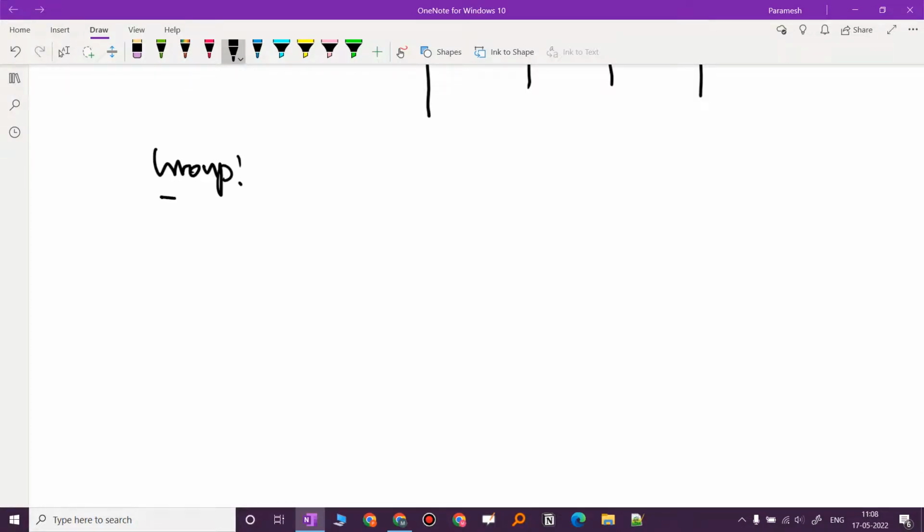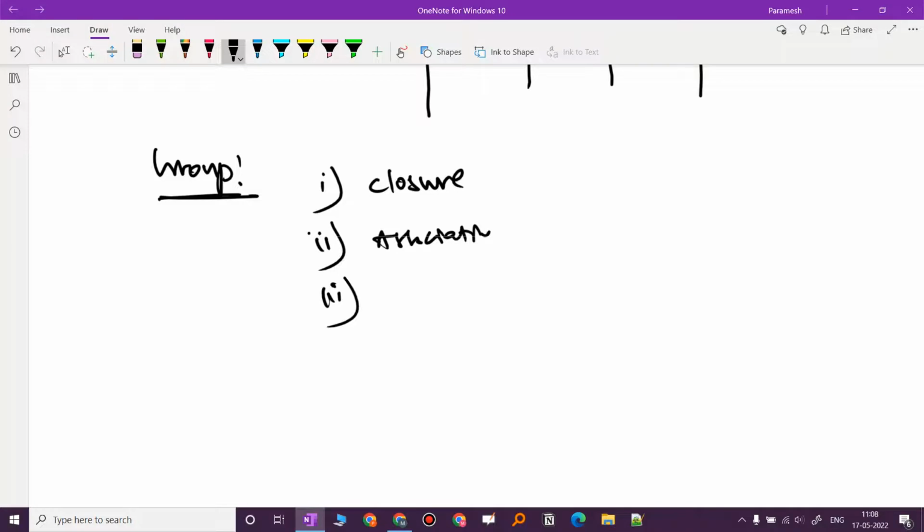A group means any non-empty set satisfying the following properties. First one, closure. Second one, commutative. Associative. Third one, identity. Fourth one, inverse.